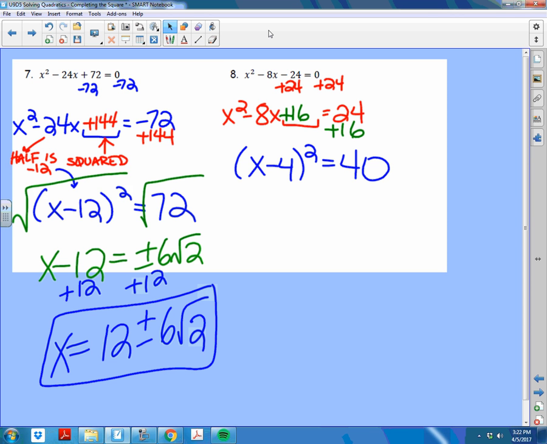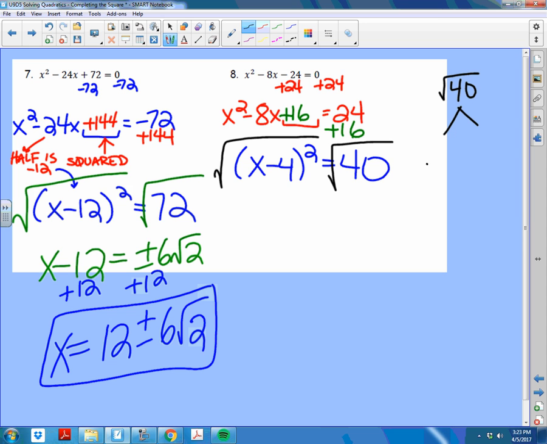Remember, it's half of b squared added to both sides. And once you get here, then it's just square root time. Square root, square root. The square root of 40, actually, all you've got is the square root of 4 times the square root of 10, which is positive or negative 2 root 10.